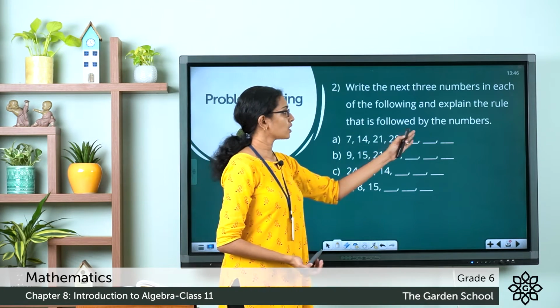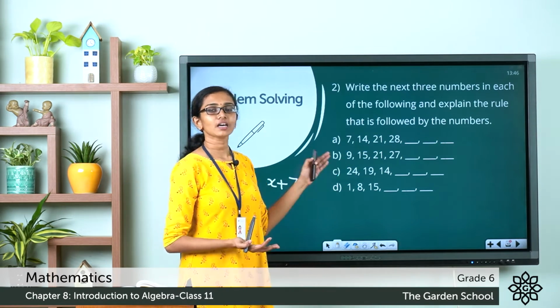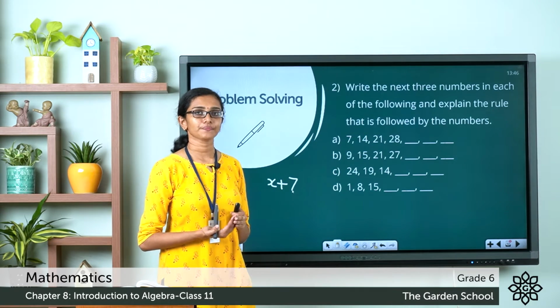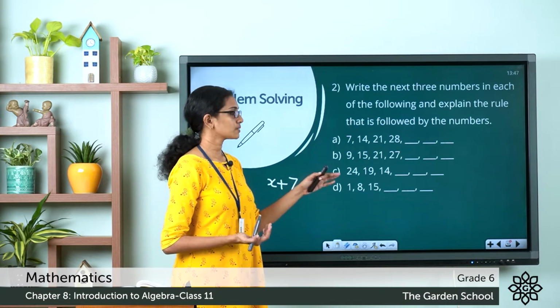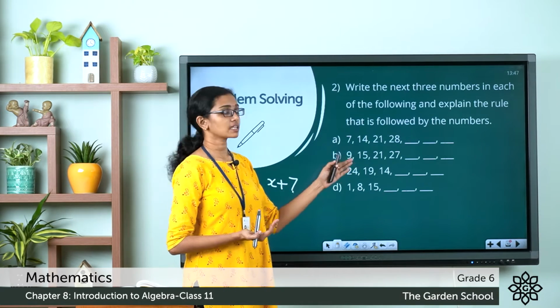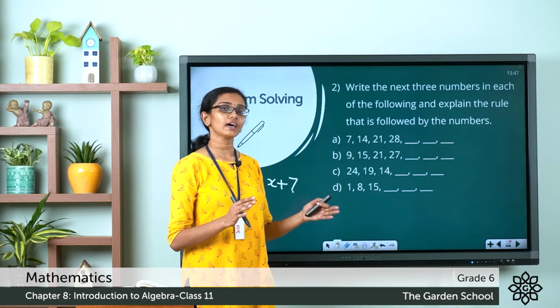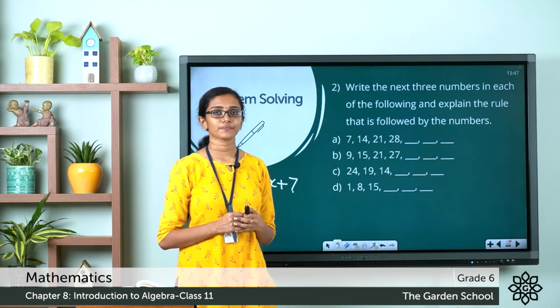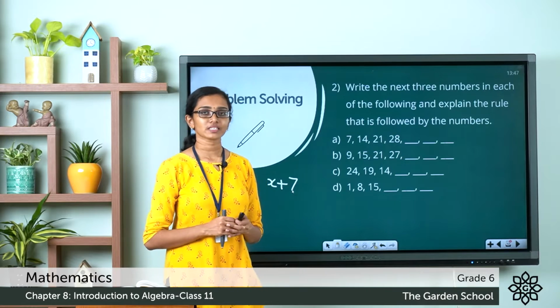So, you just find out the next 3 numbers and write the general rule which can be applied to this number pattern. Also, please go through the next 3 patterns, find the next 3 numbers in each case and find a general rule which can be applied to the pattern. So, that's about question number 2.